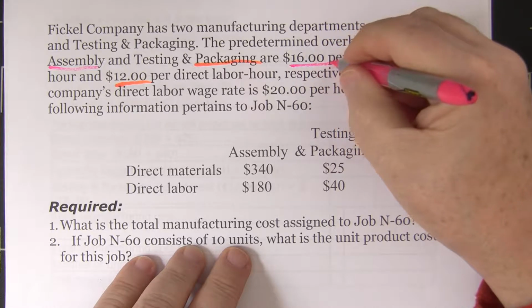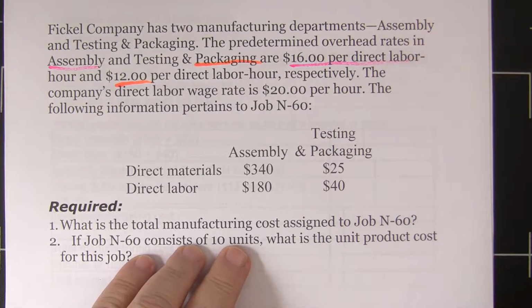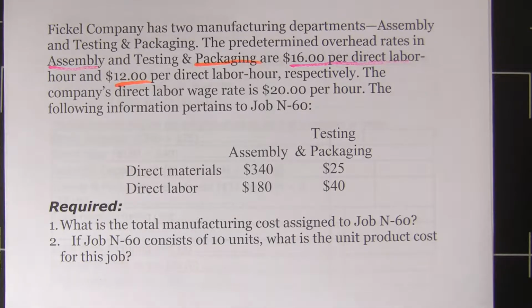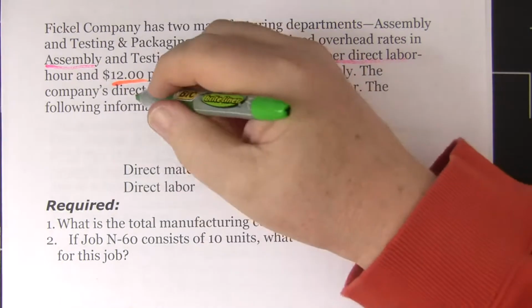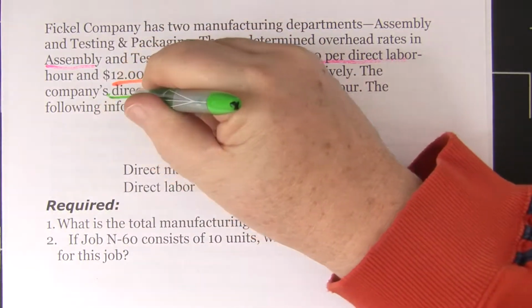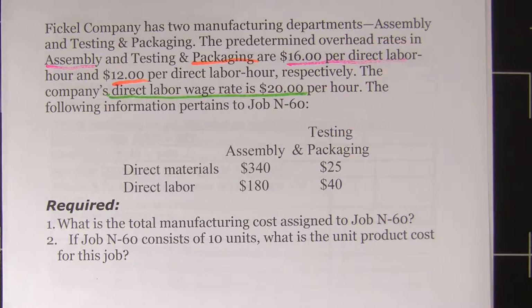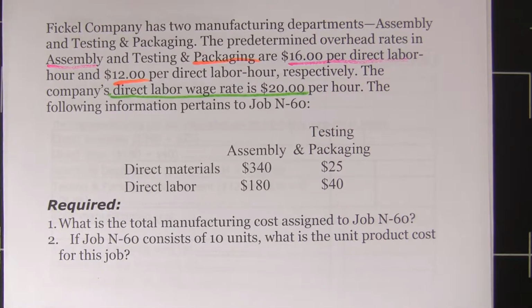So that's the rates they use for their overhead in those two departments. Then they give us the company's direct labor rate, and that's for everybody. Everybody in the company gets paid the same rate. And they tell us that the direct labor rate for everybody is $20. Okay?